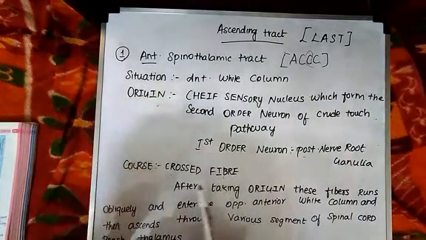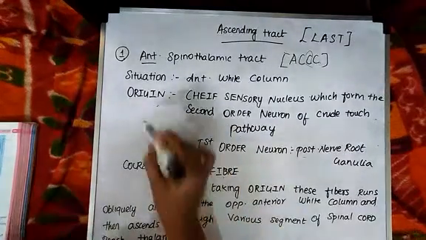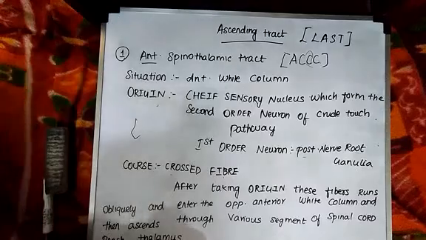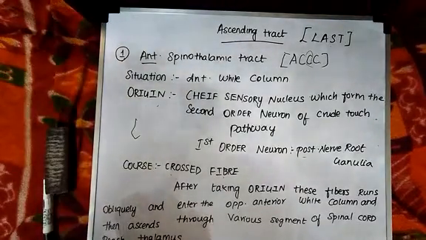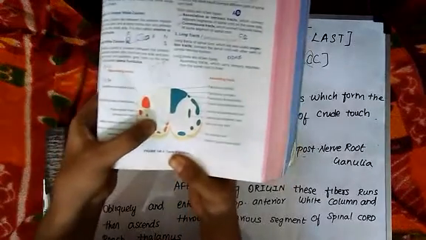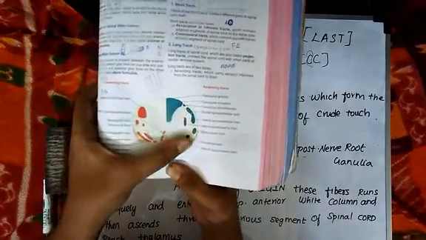After taking origin, here we have one anterior gray column. When you see the structure of the spinal cord, this is one anterior gray column and this is another. We have two anterior gray columns, right?